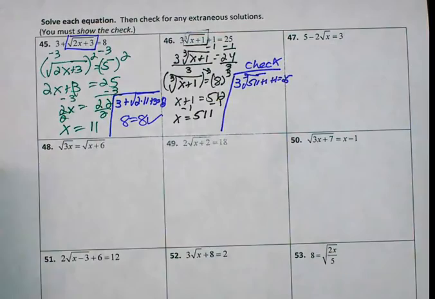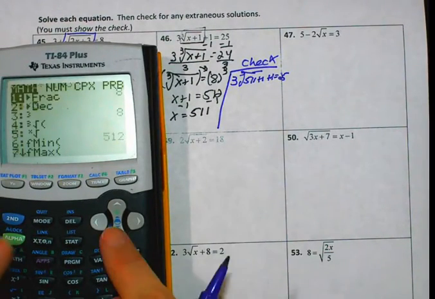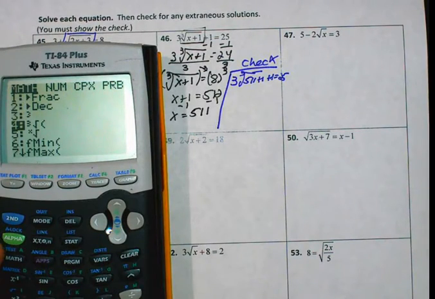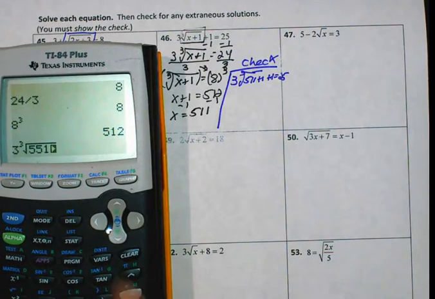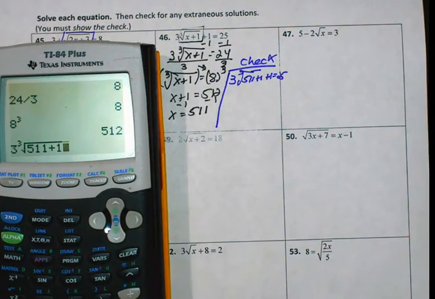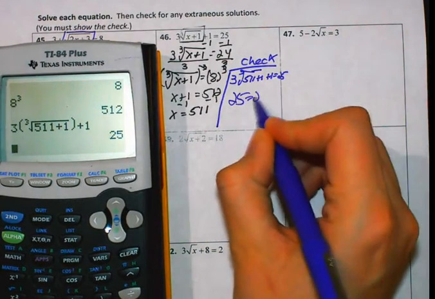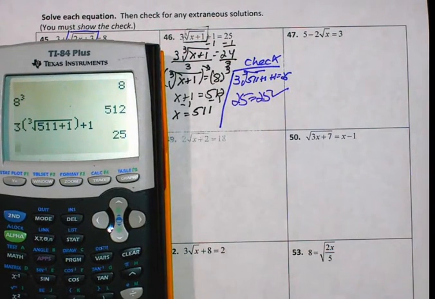I'm going to plug in the left side of the equation into the calculator: 3, and then cube root, remember, is under math. 511, plus 1, arrow out, plus 1, enter. That gives me 25. 25 equals 25, so check, that works.